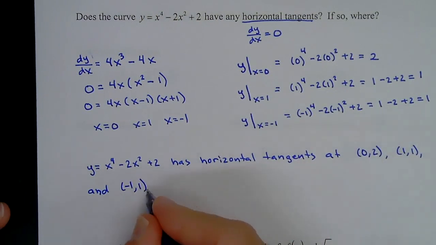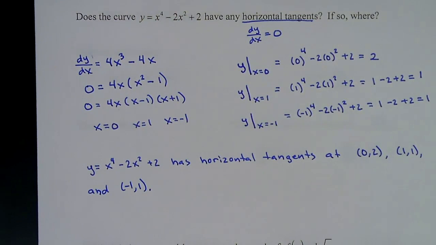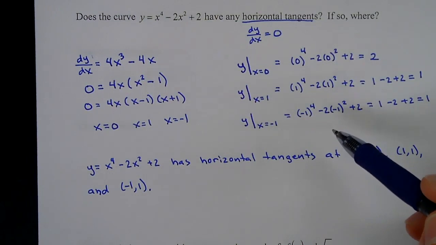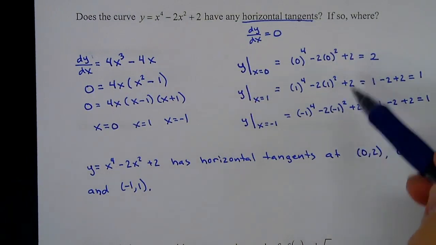Because all of those x's wind up causing the derivative to be 0, all right? And when we put those x's in, we also get a value for the y.